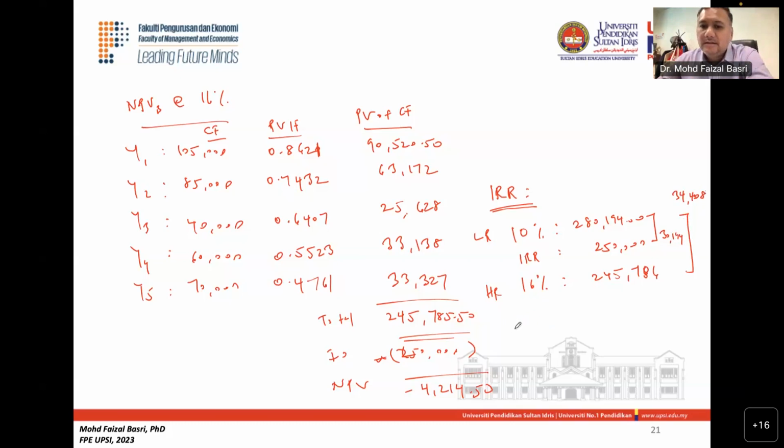What you need to do, okay, so the IRR would be 10% plus the difference 30,194 divided by 34,408 and multiply with the difference of 16 minus 10%.